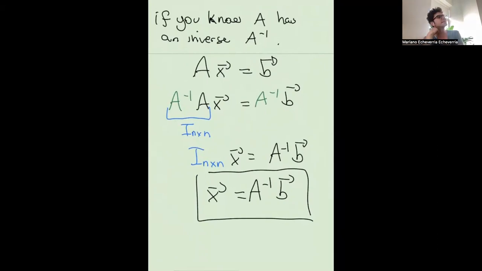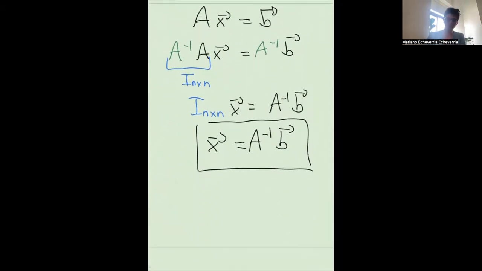So what that means is that if a matrix has an inverse, you can solve every system of equations involving A immediately. The solution is just A inverse times B. So let me write that down. This is an important result.